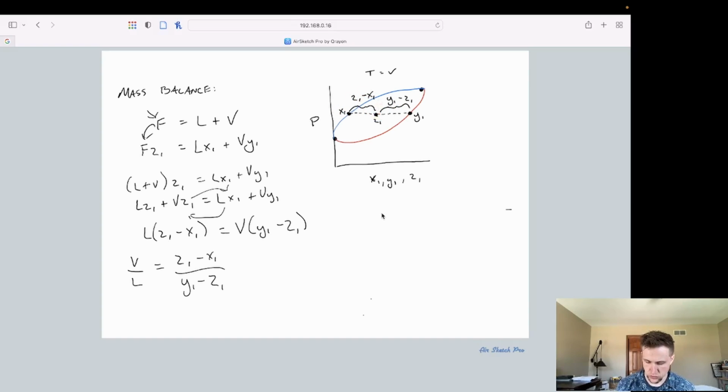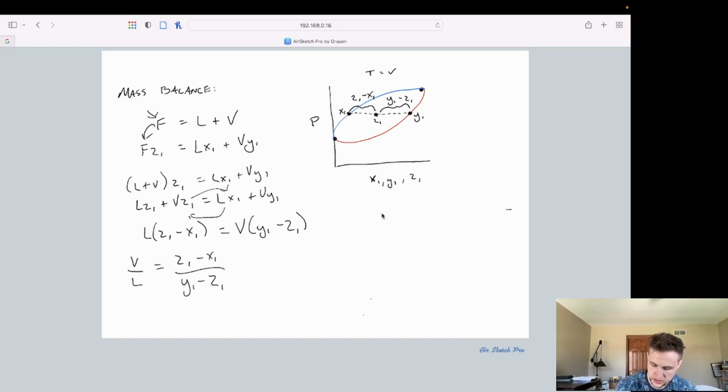If this were to continue to come up here, this distance would decrease and this distance would increase.